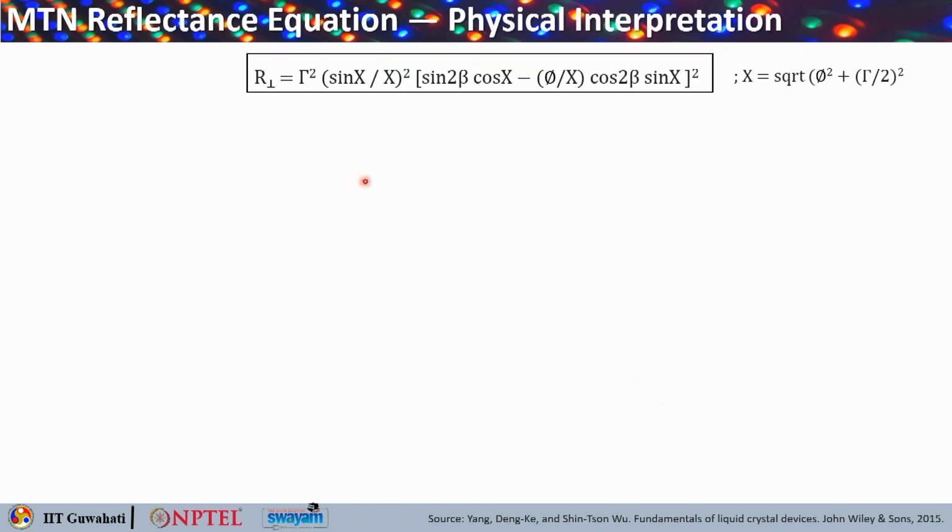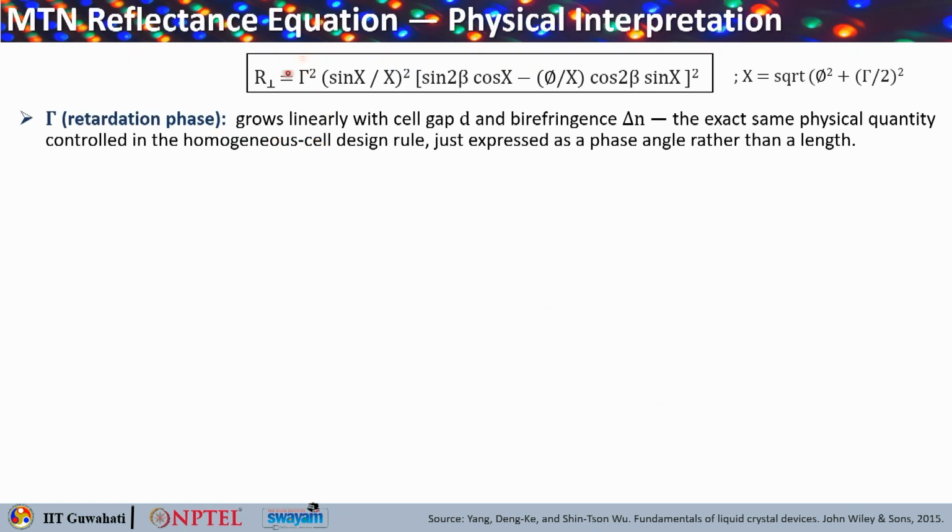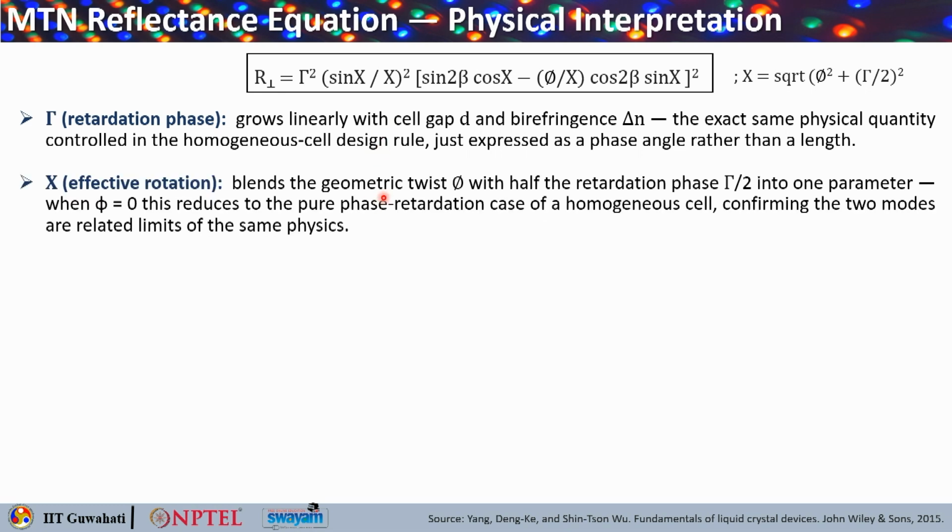Now, if you carefully look into the equation, this gamma is the retardation phase that grows linearly with the cell gap and the birefringence delta n, and it is the exact same physical quantity that is controlled in the homogeneous cell design rule. The only thing is that it is expressed as a phase angle rather than a length.